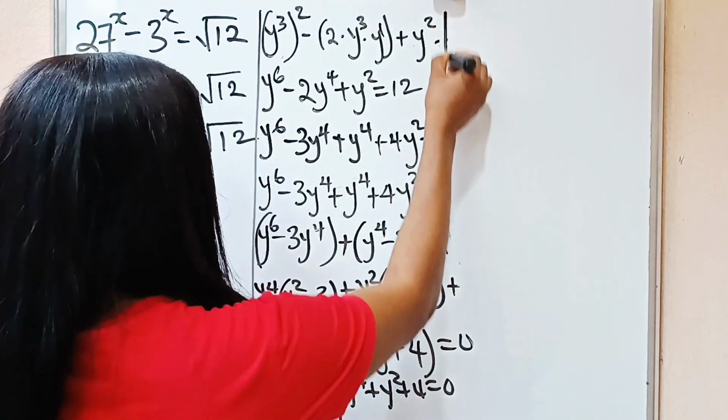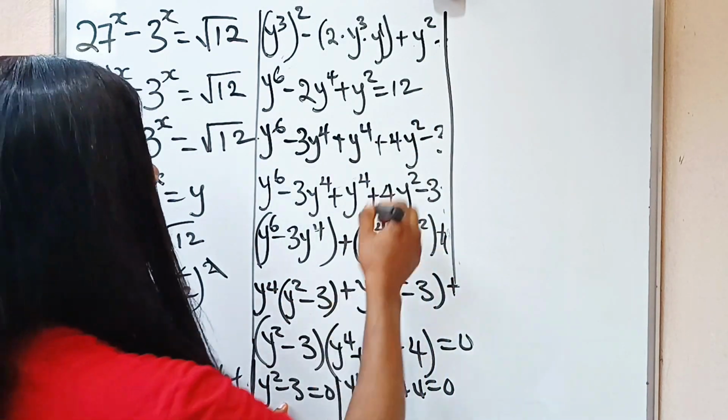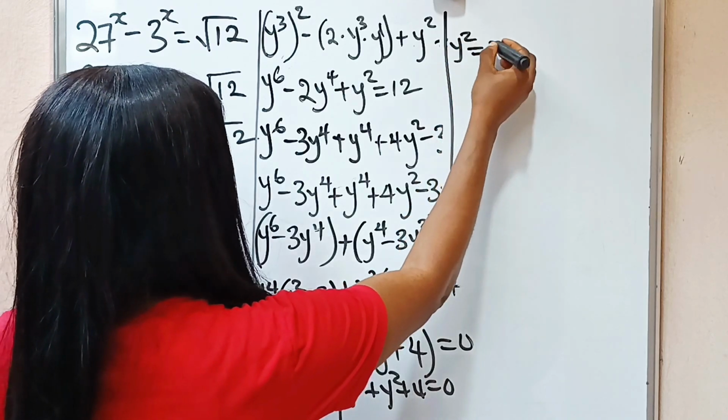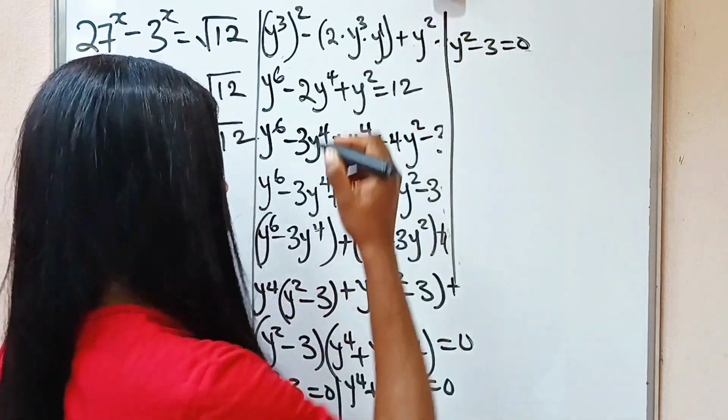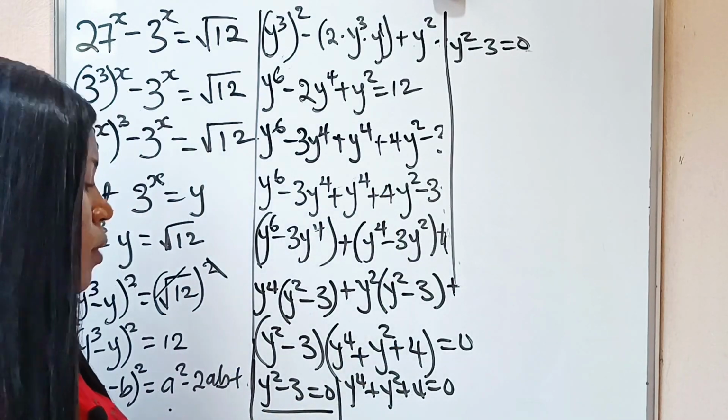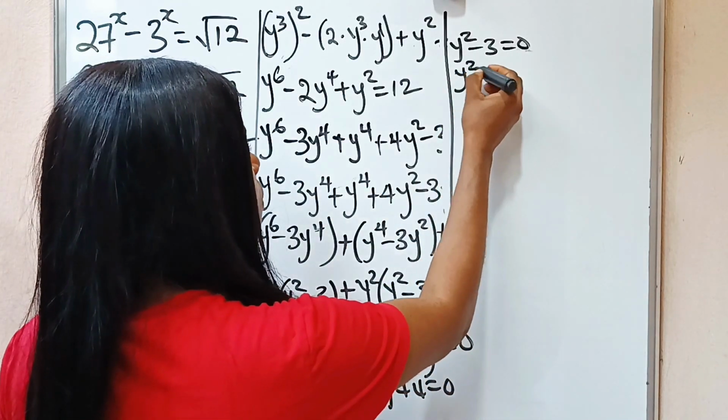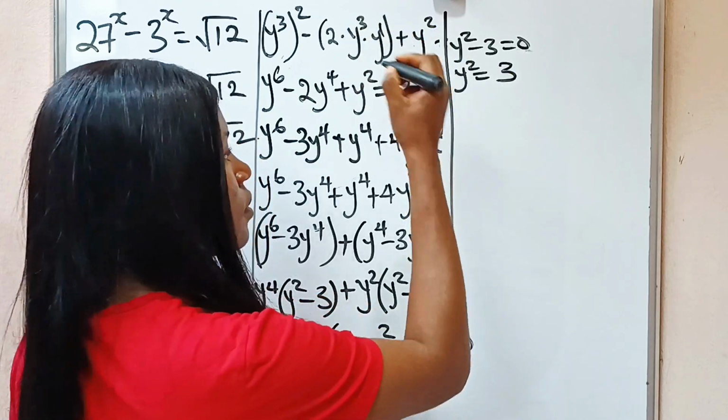All right, now from here we can see that y squared minus 3 is equal to 0. So that simply means that y squared is equal to 3.